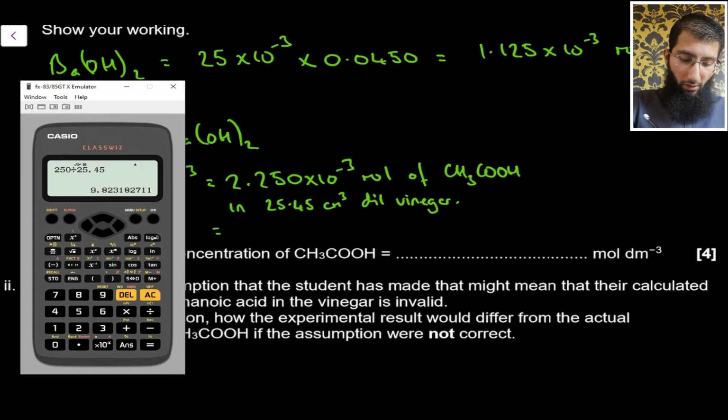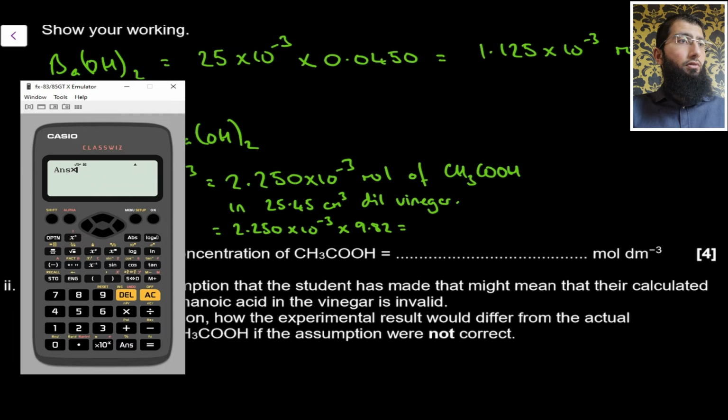So we're going to do 2.250 times 10 to the minus 3 multiplied by 9.82. That gives us 0.0221 mol.